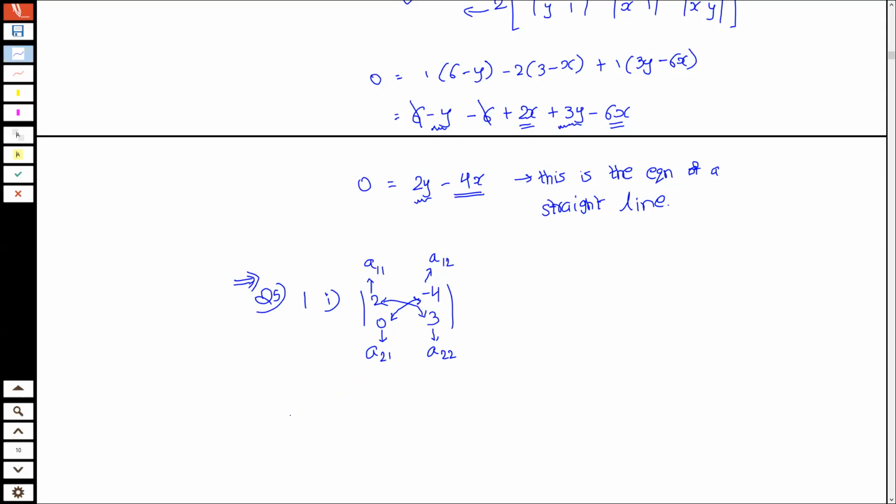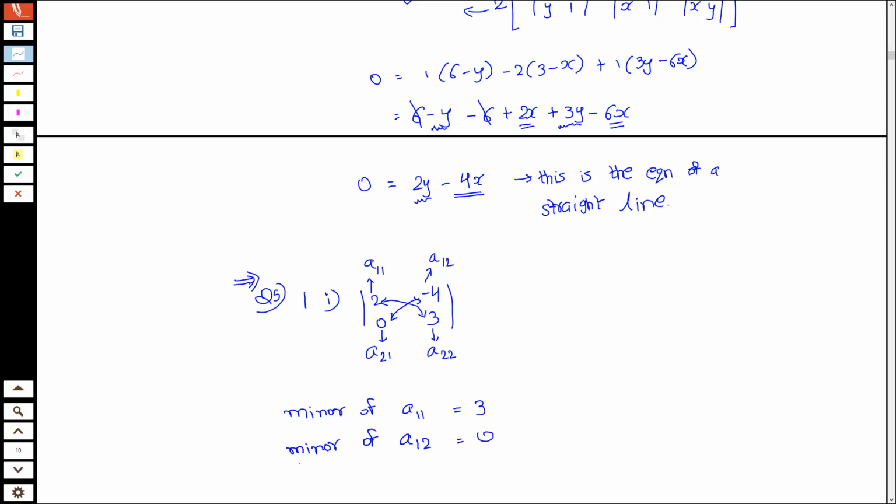So how to write? I will write minor of A11. अब वो एलिमेंट नहीं लिखना है, हमें तो माइनर लिखना है. सो A11 यानी ये 2 का माइनर क्या है? 3. Then I will write minor of A12. इसका माइनर क्या है? 0.